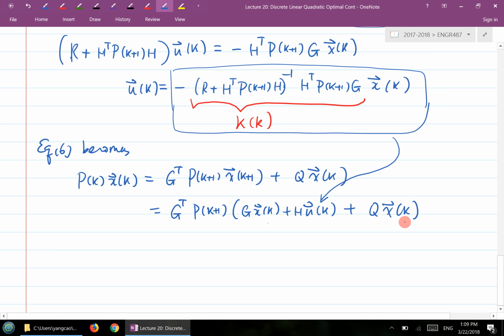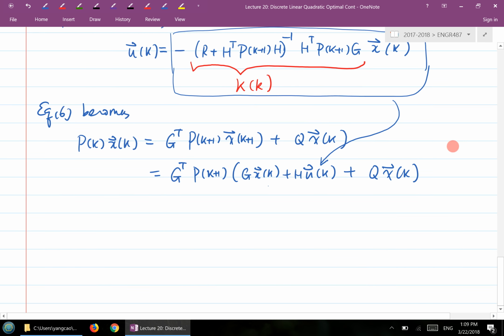Does that make sense? So basically, in the whole expression, every term has a common factor, which is x of k. So all I need to do is bring everything to one side and take out the x of k, and then you have a huge expression in front of this x of k. And that expression is this.